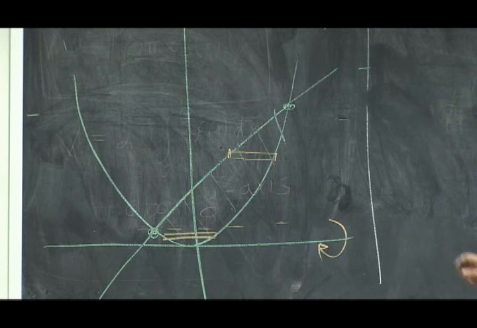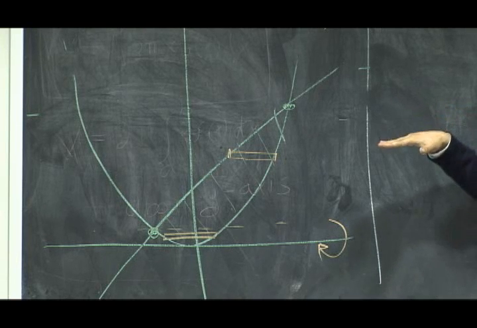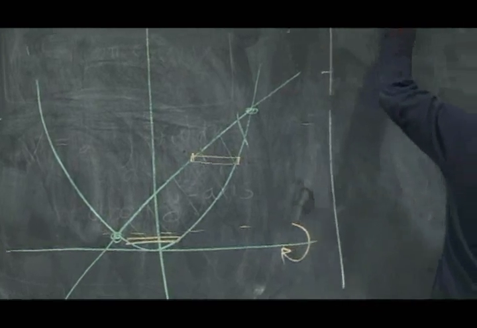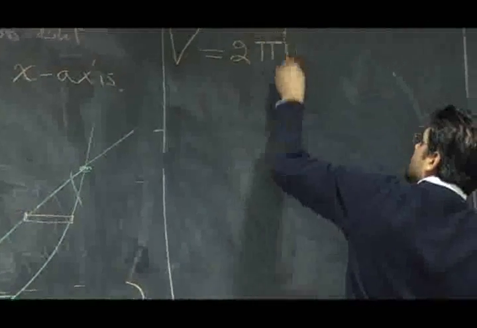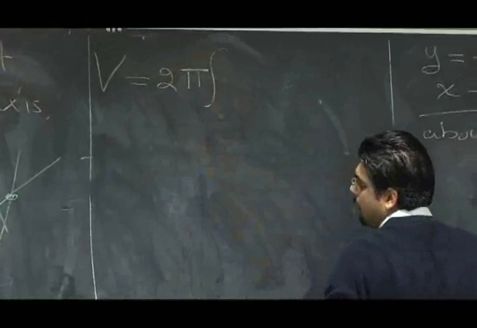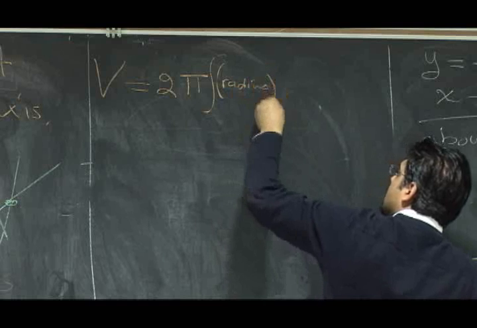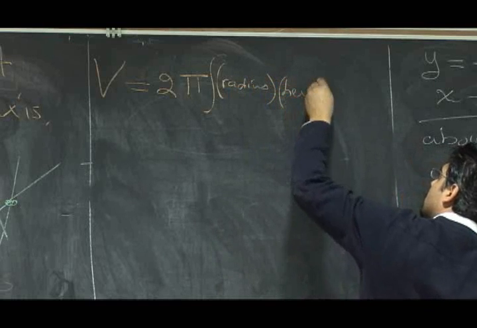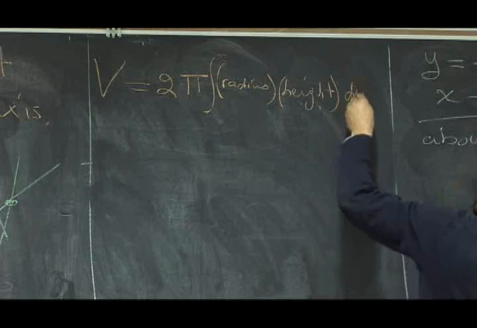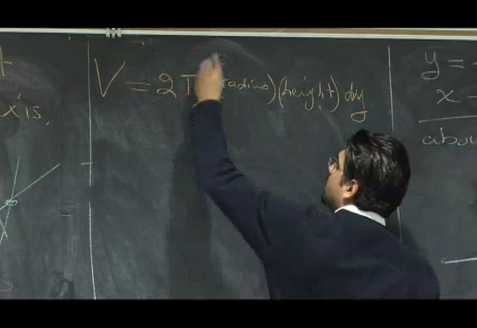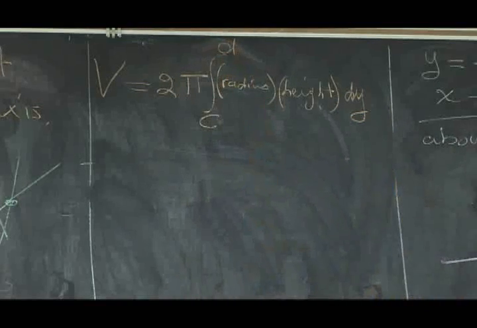Now, everything we did when we cut up the x-axis, we can do if we cut up the y-axis and do shells that way. So I'm just going to take it for granted and write this formula here. Radius, height, dy. Yes? And you can do this if you're going from C to D on the y-axis.